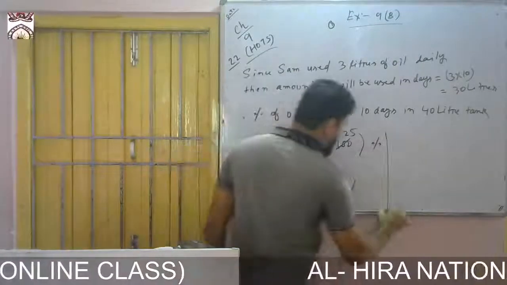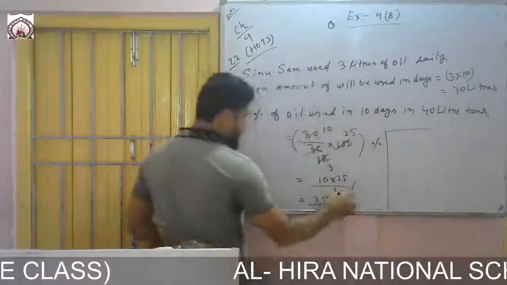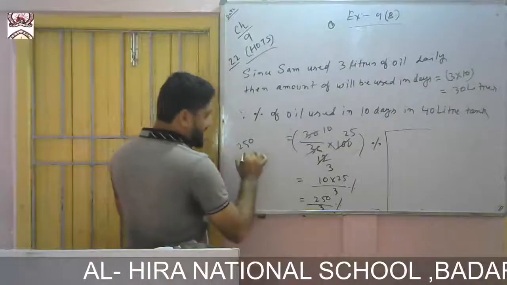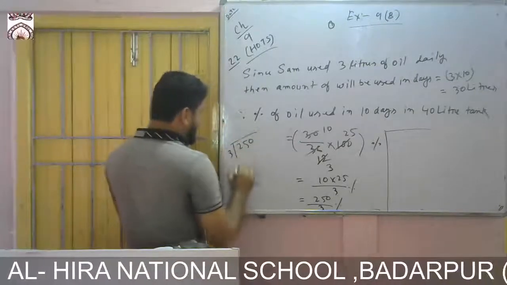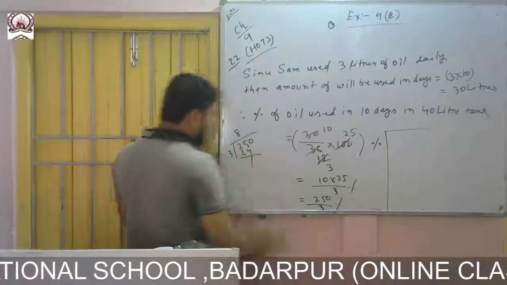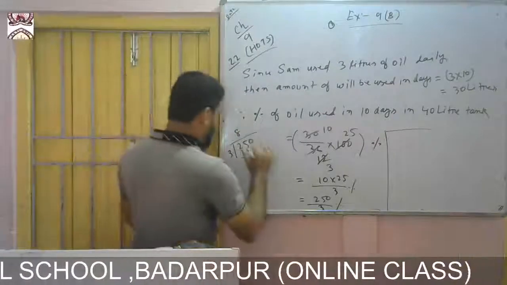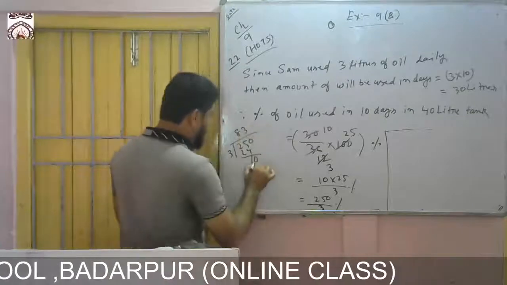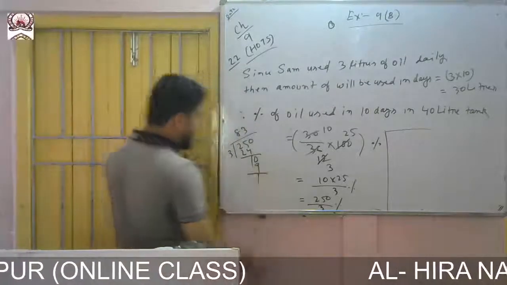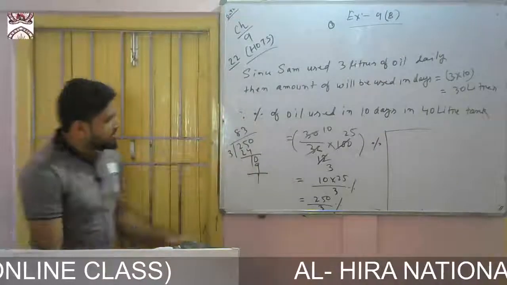Now you divide it and you get the answer. Dividing 250 by 3: 3 eights are 24, remain 1; 3 threes are 9, remain 1.